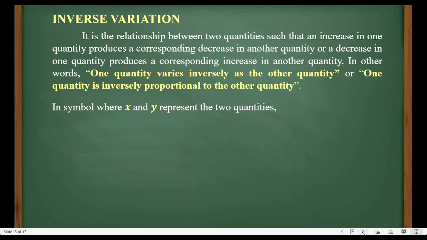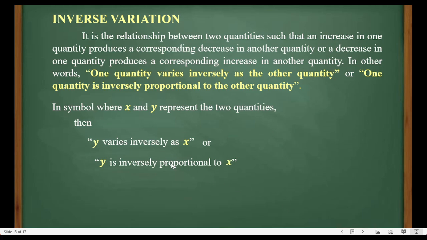In symbol, if the two quantities are again represented by x and y, then y varies inversely as x, or y is inversely proportional to x. Now, any of this statement can be translated to a mathematical equation using k.